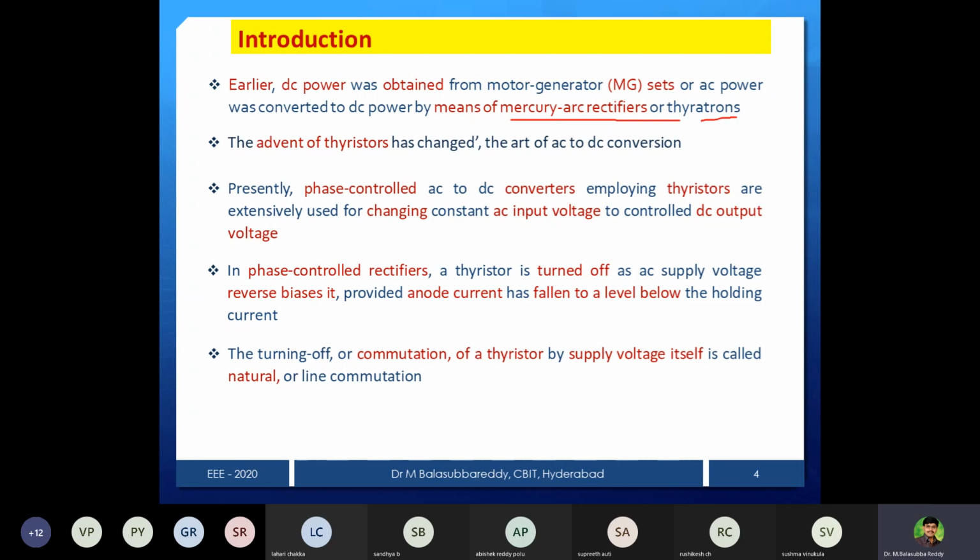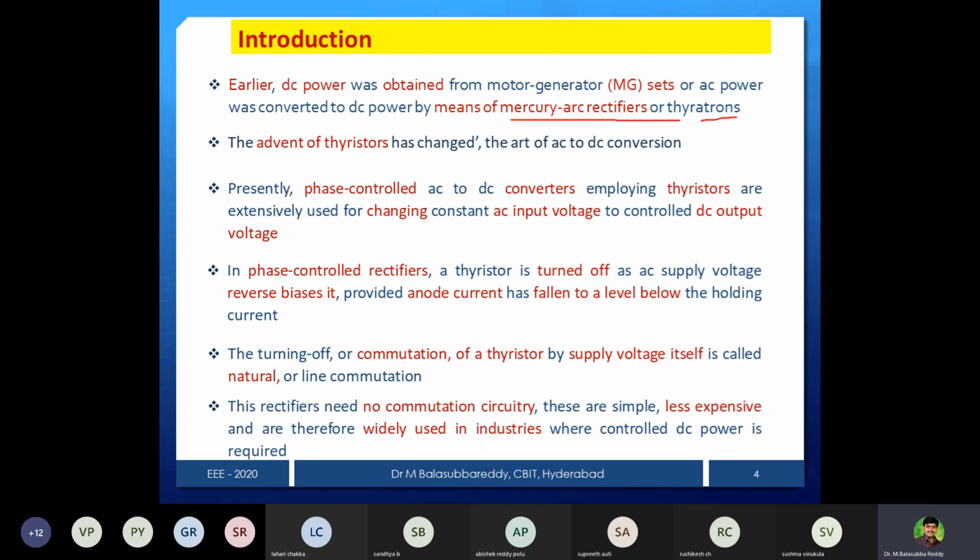Throughout this unit, whether it is single phase, three phase, or dual converters, we will use only natural commutation. The reason is that the input is an AC supply.